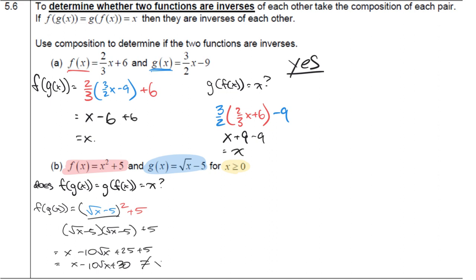This does not equal x, okay? So we're actually going to stop here, because if this doesn't equal x, it doesn't matter if the other one does. They're not inverses of each other because they must equal each other, and both of them must equal x. So not inverses.